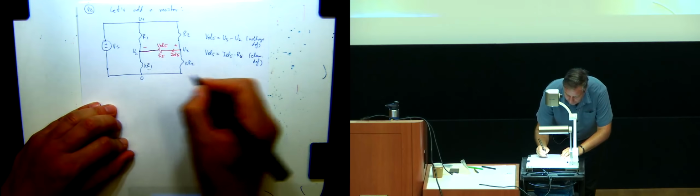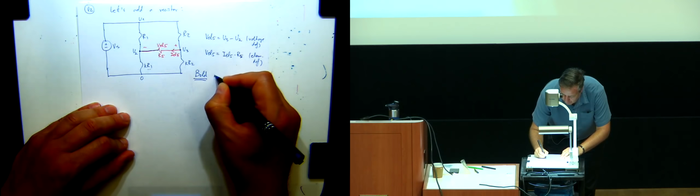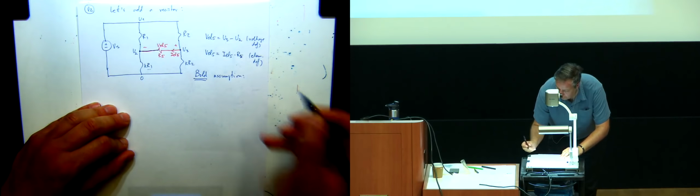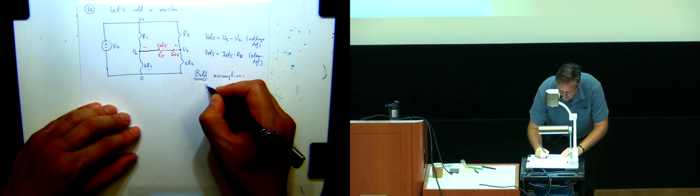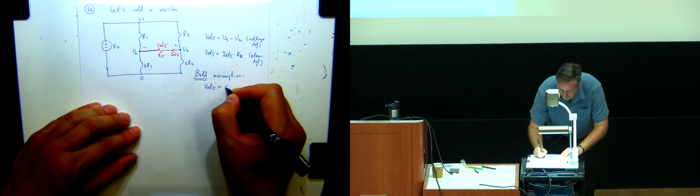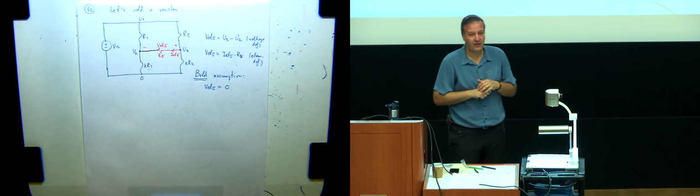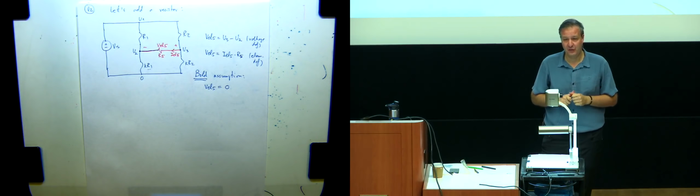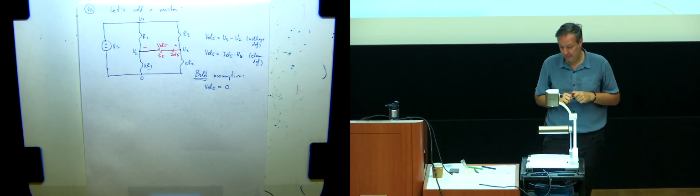So the bold assumption here is going to be that V element 5 actually equals 0. I'm just saying I think V element 5 is equal to 0. Let me see if it truly is equal to 0.